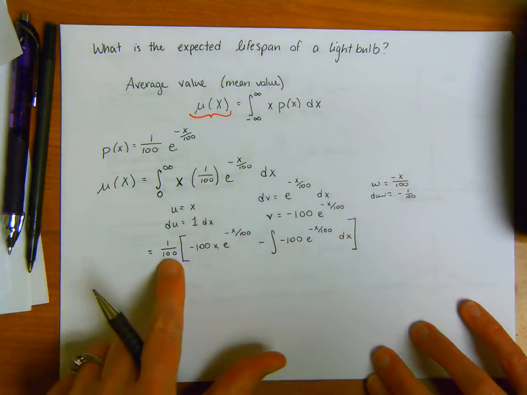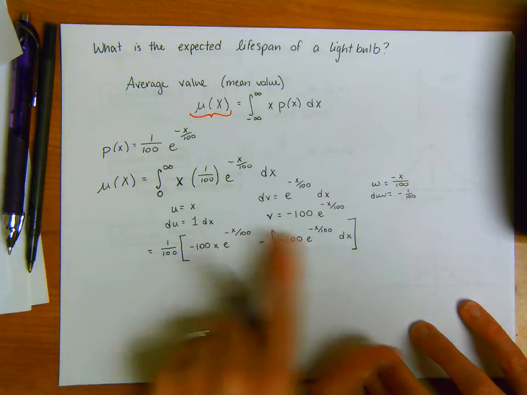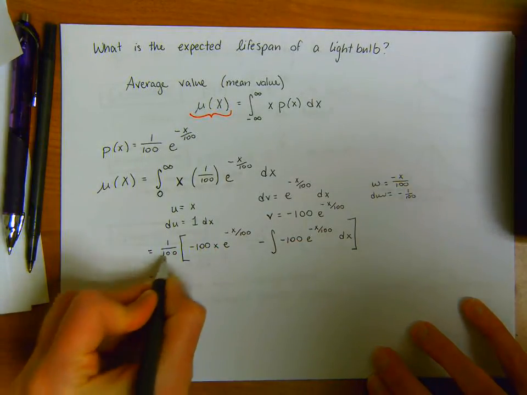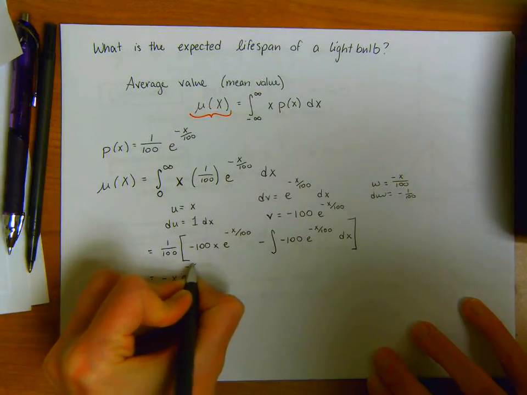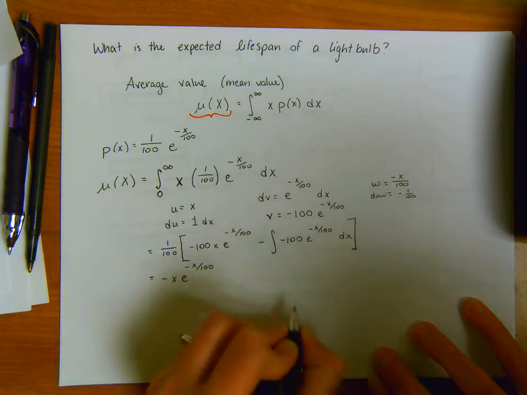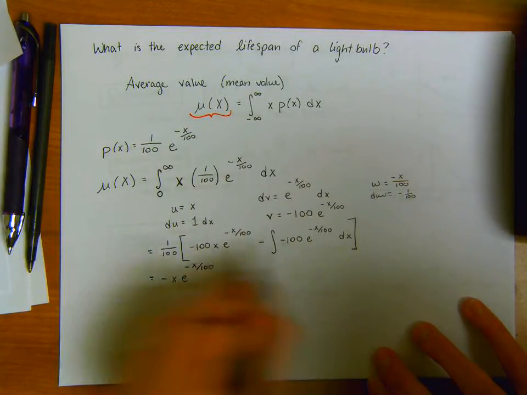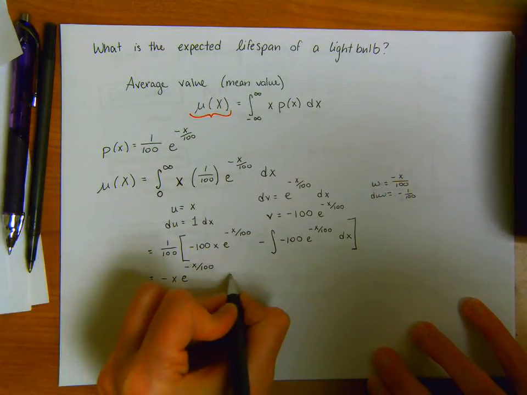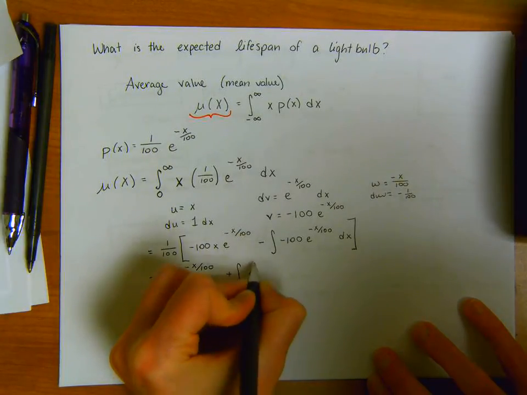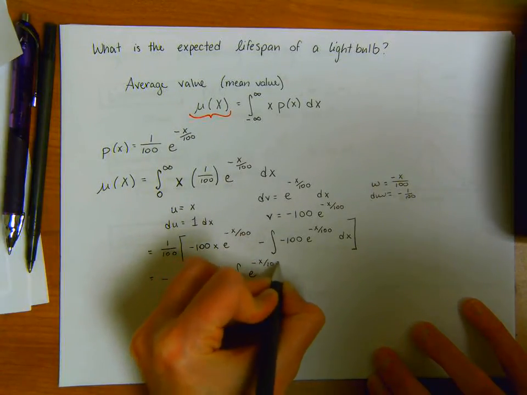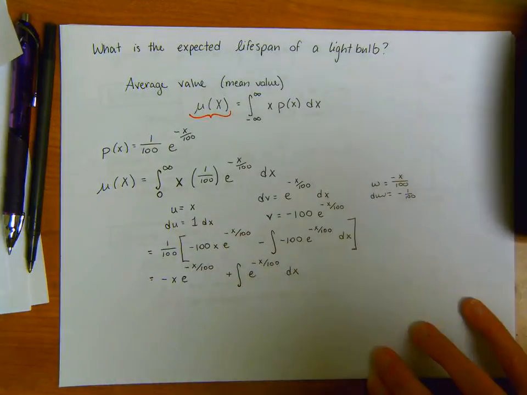I threw that 100th out front, but I noticed that it cancels nicely with each of these terms. So I'm going to rewrite this as negative x e to the negative x over 100 minus a negative, and the 100 cancels out. So that becomes plus the integral of e to the negative x over 100 dx.